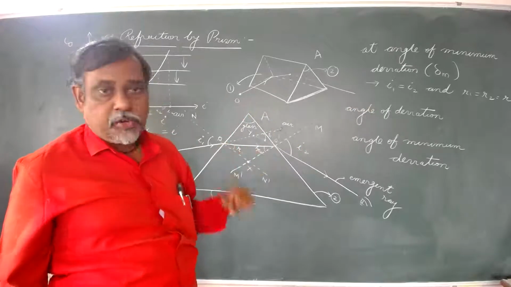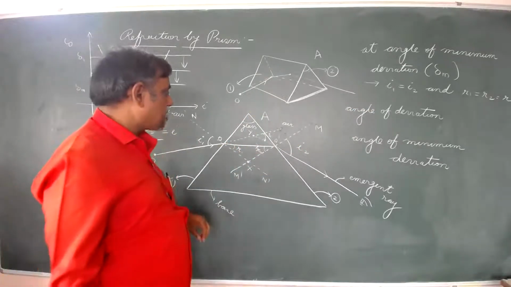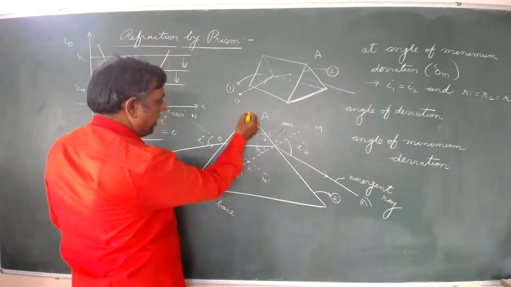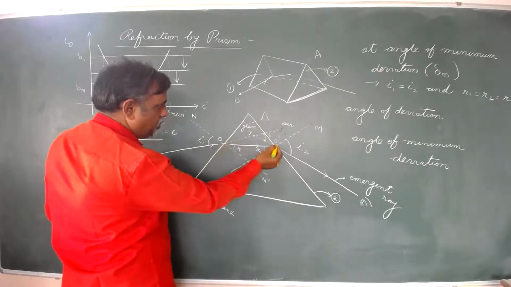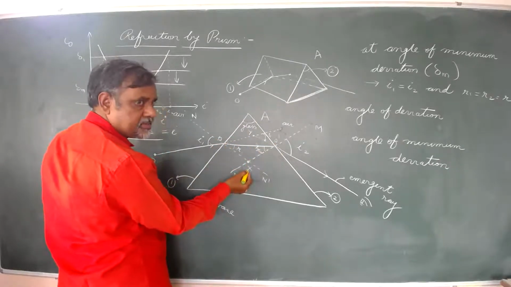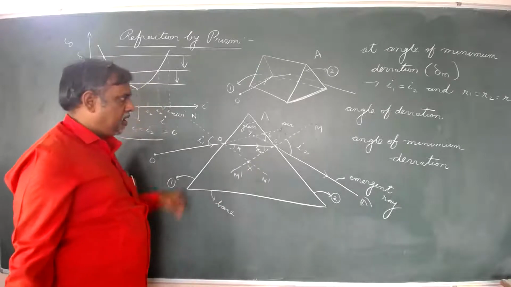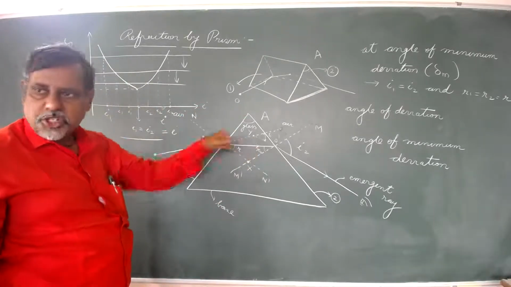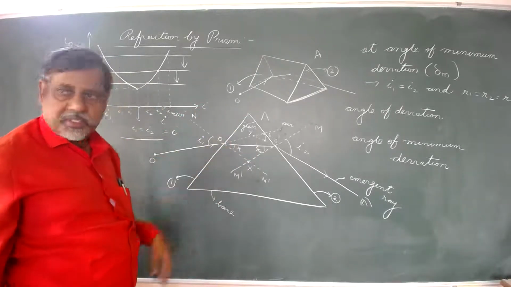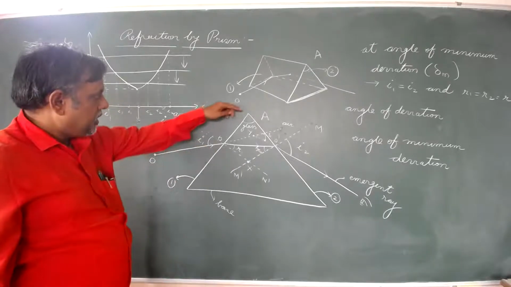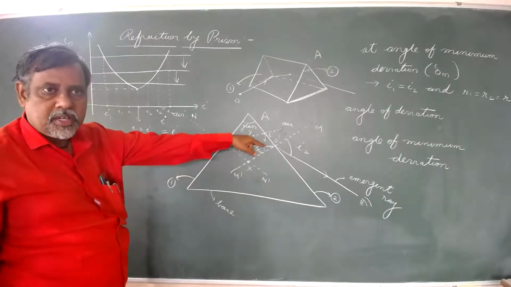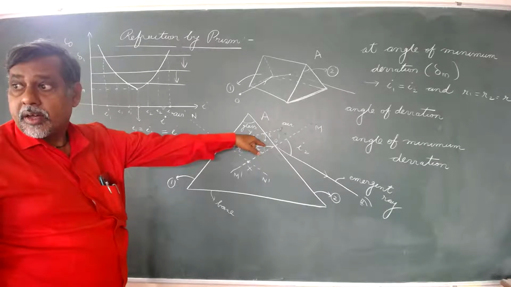Now equations we need to establish. And how to establish the equation? Look at this. This is A, this is O, this is O dash, this is X. Now look at the figure A, O, X, O dash. That forms the quadrilateral.